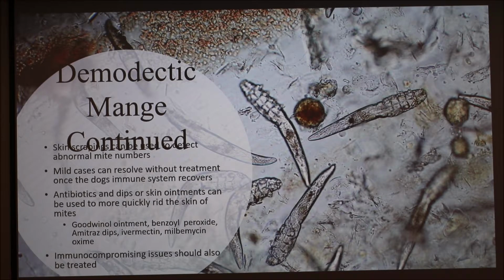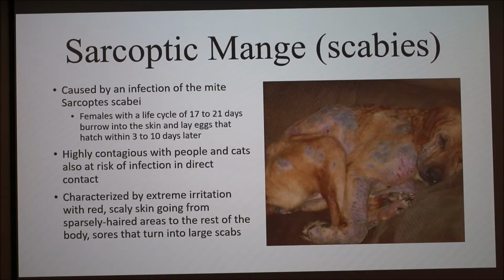Things such as gibberellin ointment, benzoyl peroxide, amitraz dips, ivermectin, which is found in Heartgard, and milbemycin oxime, which is found in Interceptor, which also works to prevent heartworms, can work to decrease the number of mites on the skin. And then immunocompromising issues also need to be treated to take care of these issues as well, otherwise they're just going to keep coming back.